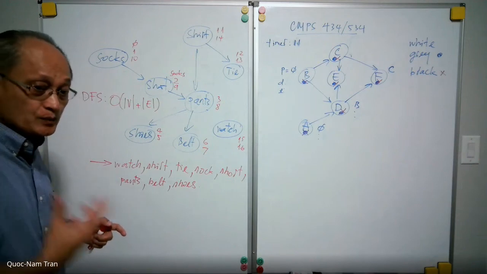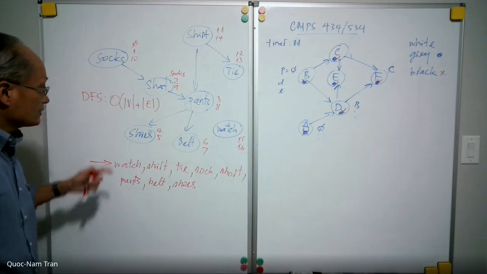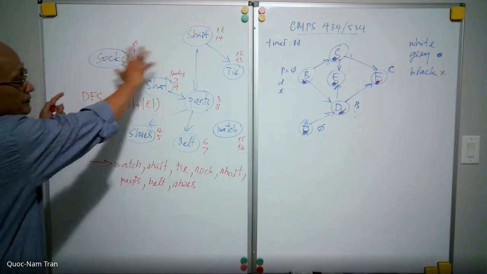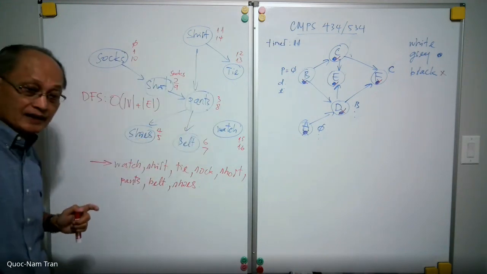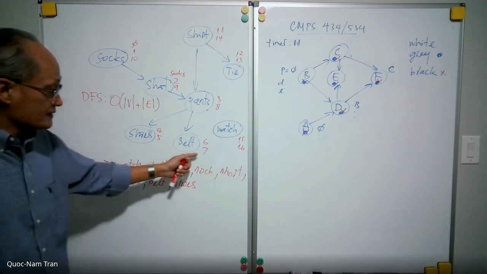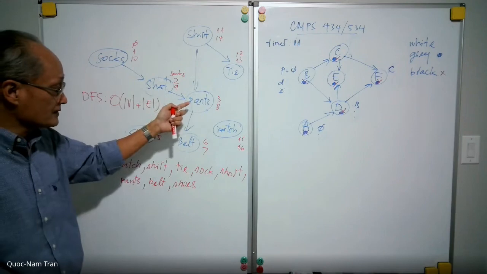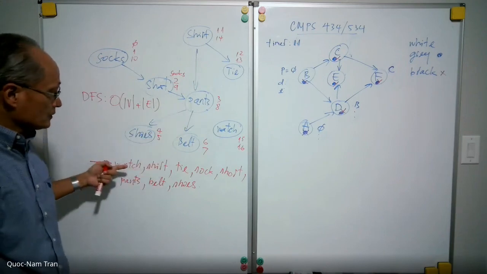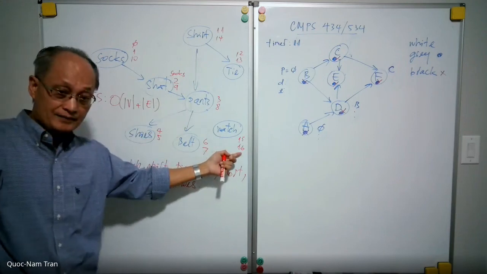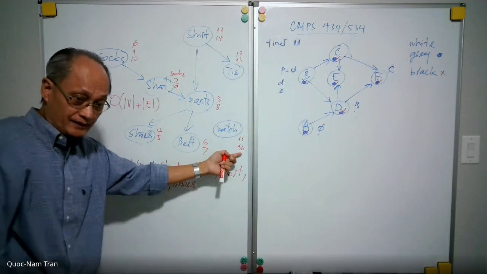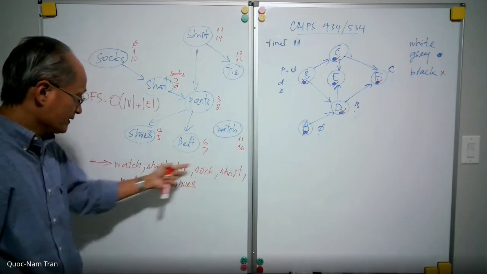Which is an exponential number. So after we have the discovery time and the finishing time, we just list the nodes on the vertices with respect to the finishing time in descending order, right? Okay.